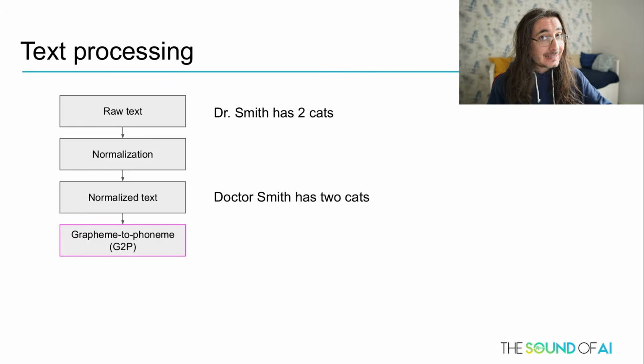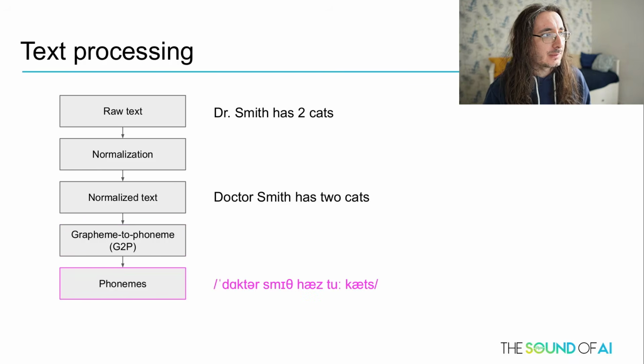Now, the next step is to pass that normalized form into a G2P algorithm or model, and that's Grapheme-to-Phoneme. So what's a grapheme? Well, a grapheme is basically a written character. It's a symbol. So we want to go from the characters all the way to the sounds, or the phonemes.